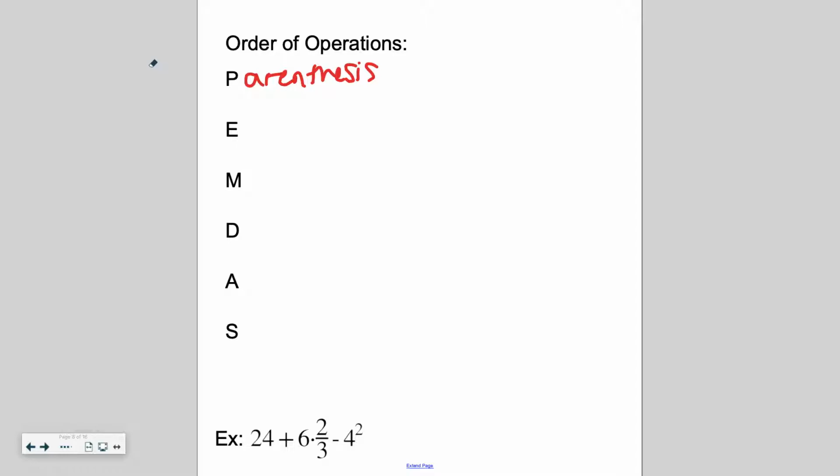It might be brackets, or absolute value bars. Really the P stands for grouping symbols, so anything that groups numbers together, you take care of that first. Okay? The E stands for exponents.